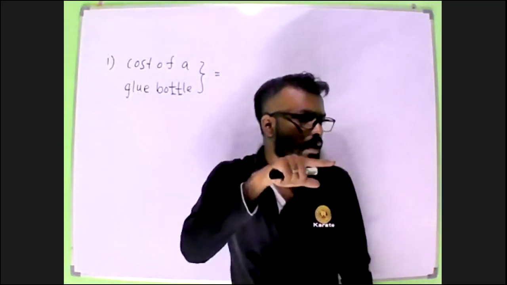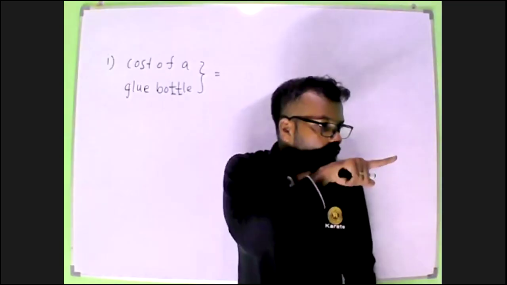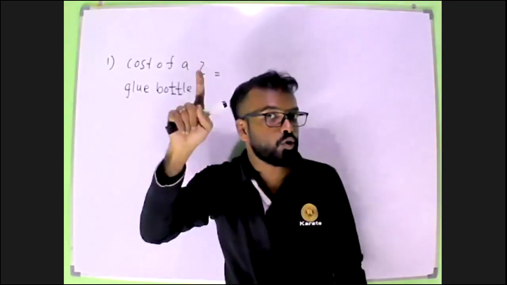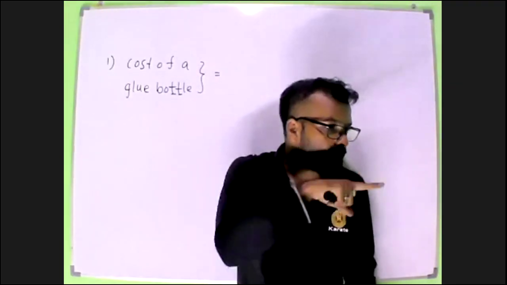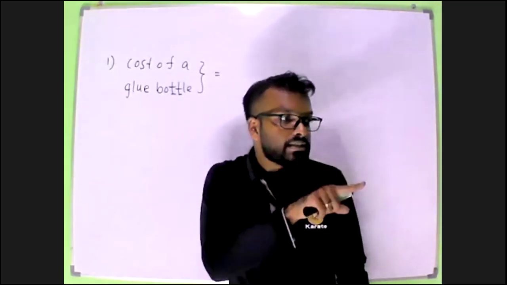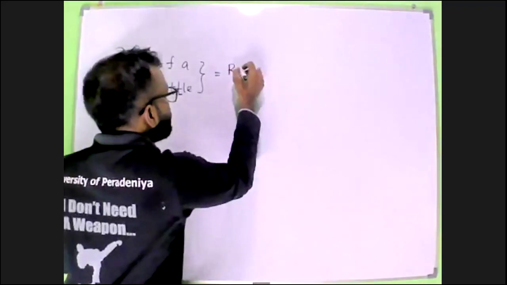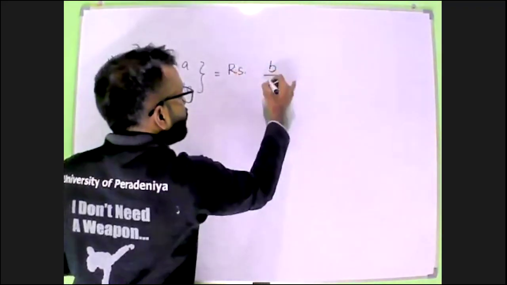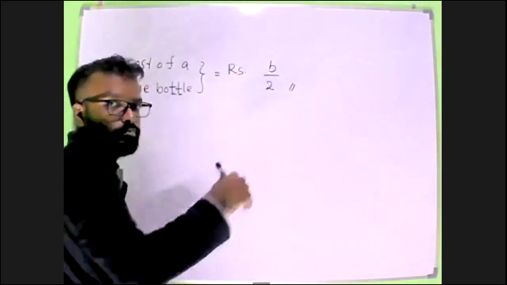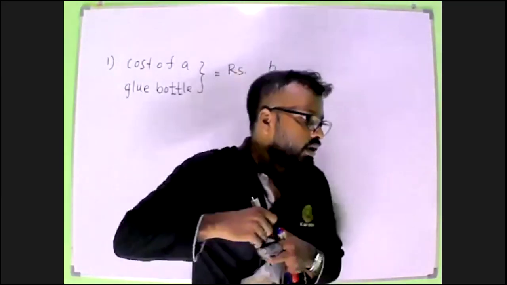Cost of a marker pen is B rupees. Cost of a glue bottle is half of a marker pen, so B divided by 2 rupees. Done.